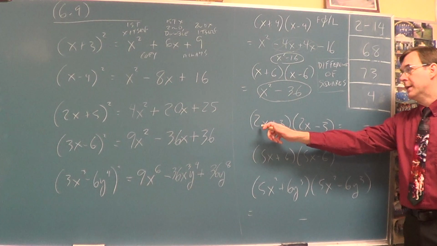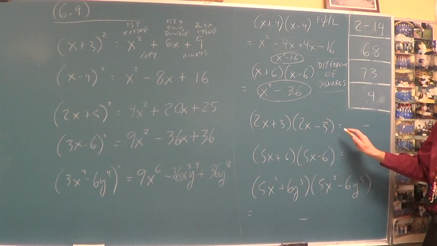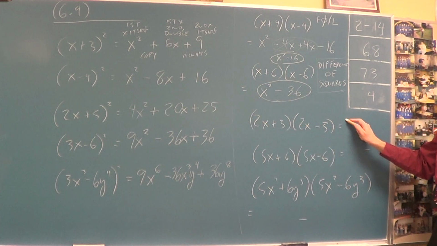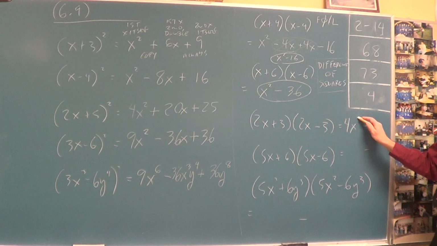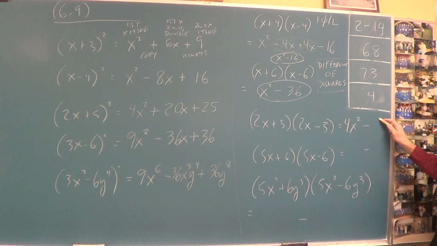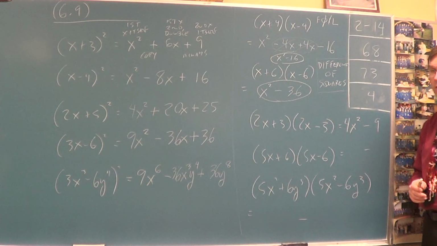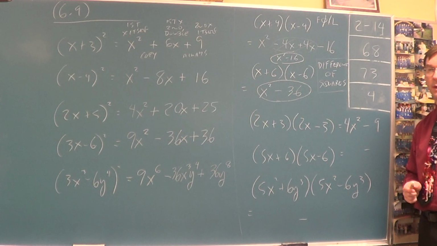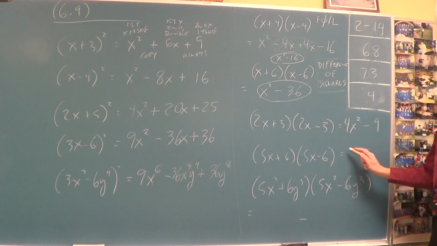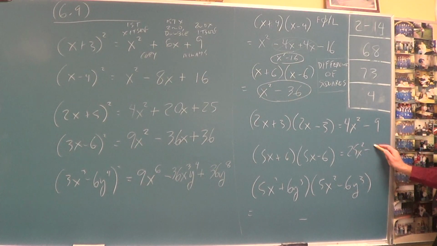But anyway, take this times itself, and we start with 4x squared, 4x squared, and then the 3's turn into 9. And that's all that these are doing. 5 makes 25, x squared, x squared, 6's make 36.